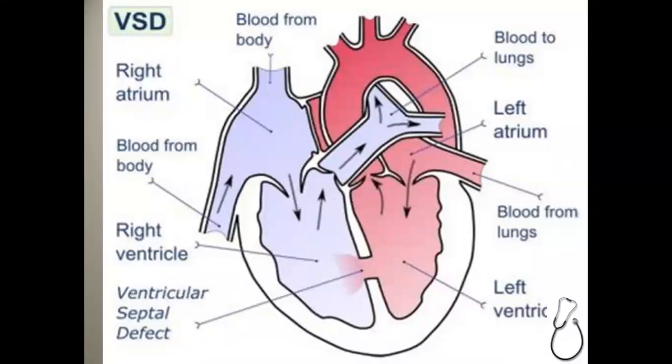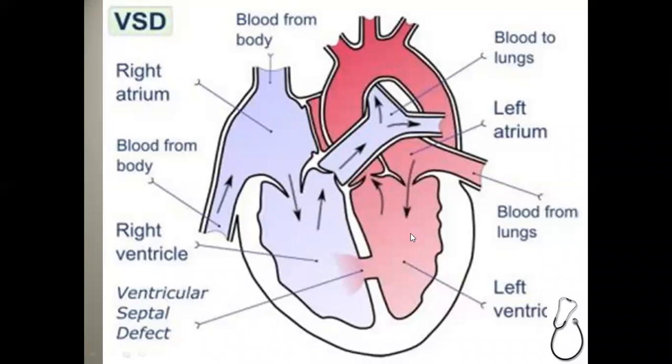So if the VSD is small, we call it pressure restrictive. That means the pressure of the left ventricle remains higher than the right ventricle, and this results in limitation of the left to right shunt.